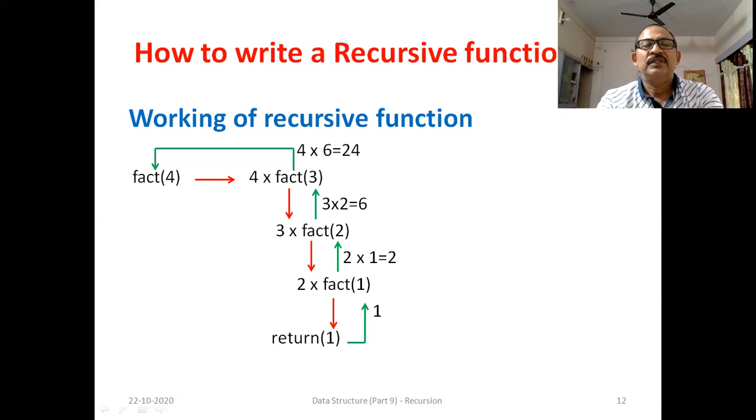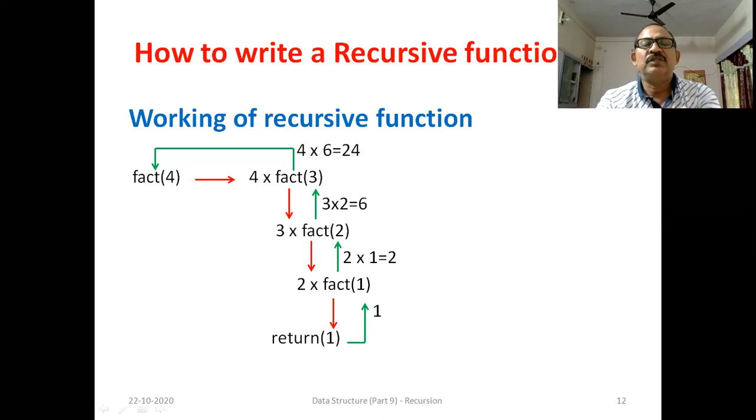Again, is 3 equal to 1? No. Again, the problem of determining the factorial of 3 is divided into two parts, 3 into fact 2. Okay, 3 into is again a suspended activity and the system calls the function fact 2.